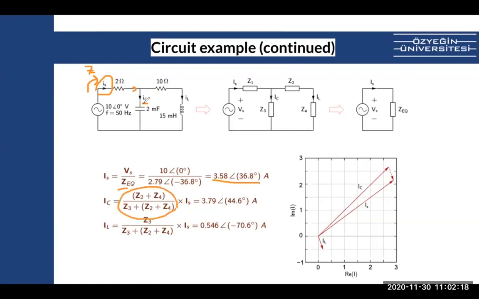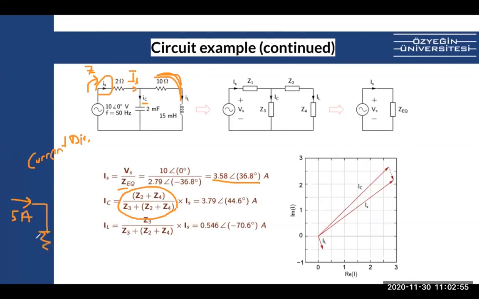So if you want to find the IC, you find this current, you multiply this IS with this impedance, and then you divide it by the total impedance. Well, that's called current division. It's not just specific to the phasors. There's current division, there's voltage division. So the formula for the current division is, let's say you have current of 5 amperes here.